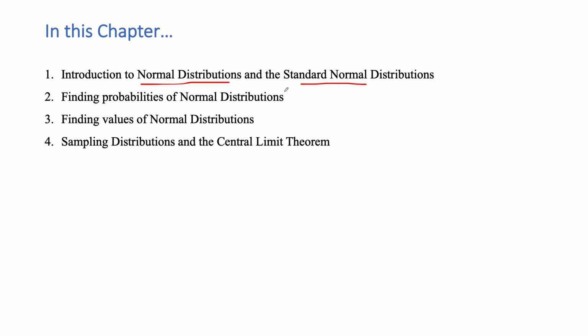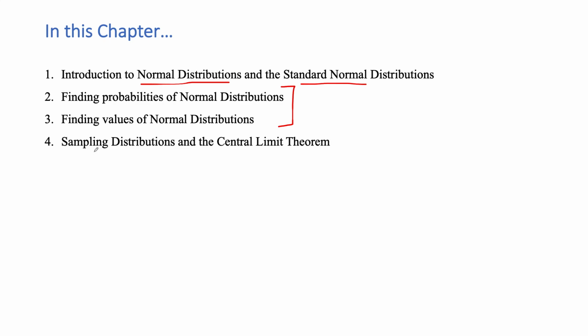But the place where the rubber meets the road, in essence, is where we begin to use these normal distributions to find probabilities and then find values. I'll talk about what it means to find values in just a few minutes, but that's basically the crux of it, right? Once we have a distribution in mind, we can begin to calculate areas under the distribution, and that gives us a sense about what the probabilities are. Okay.